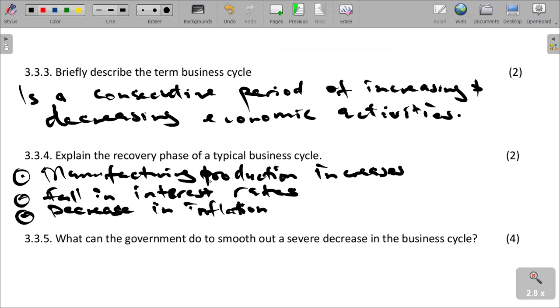And then the rand appreciates and exports grow. We talk about appreciation of the rand, and also an increase in exports.